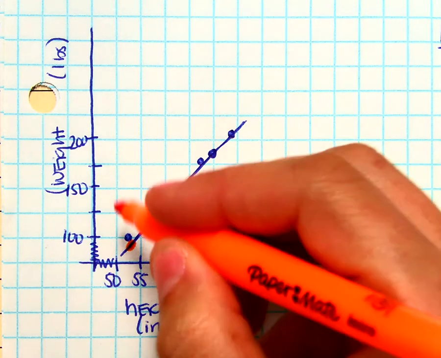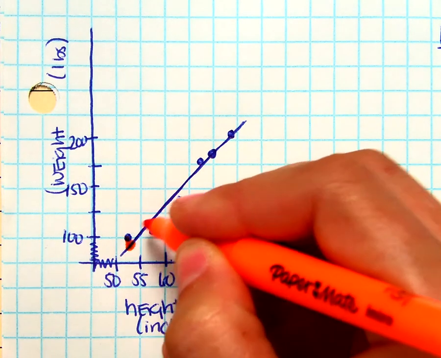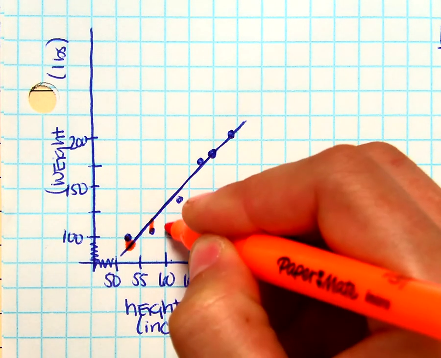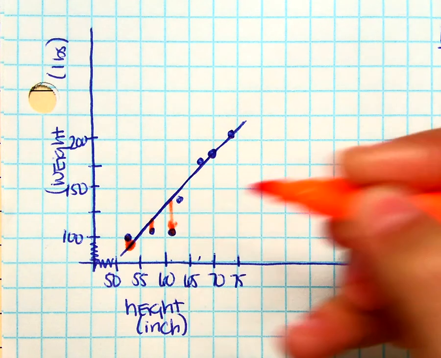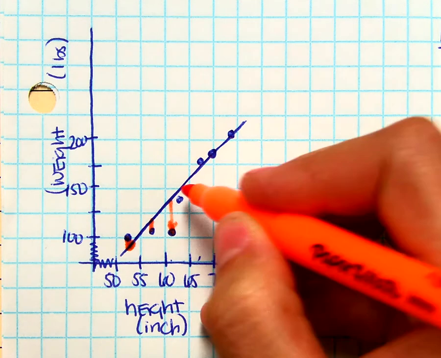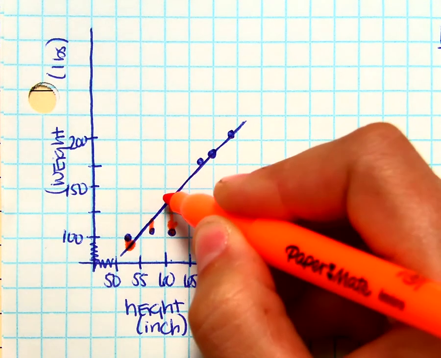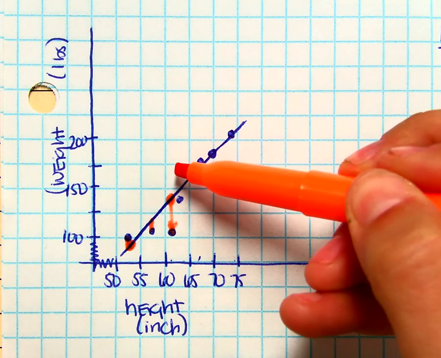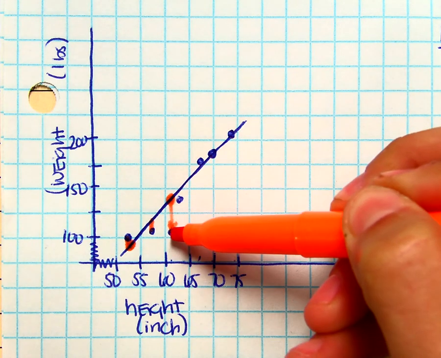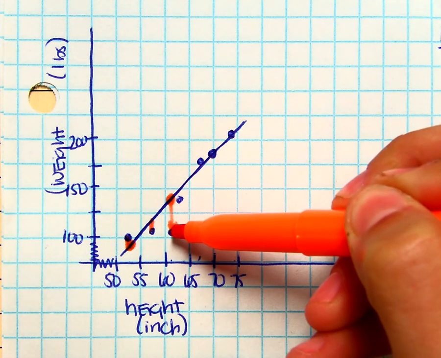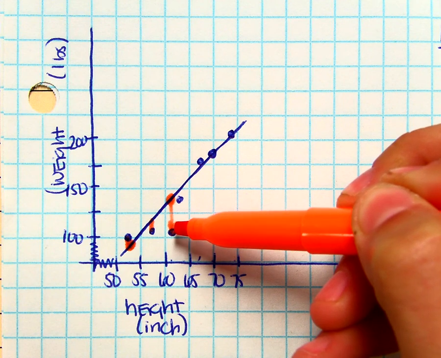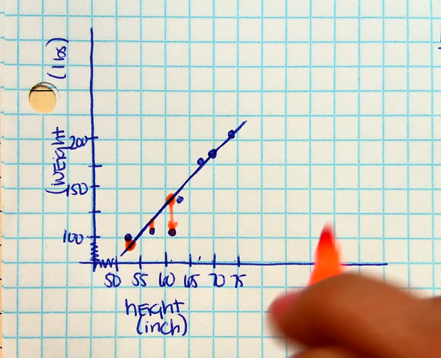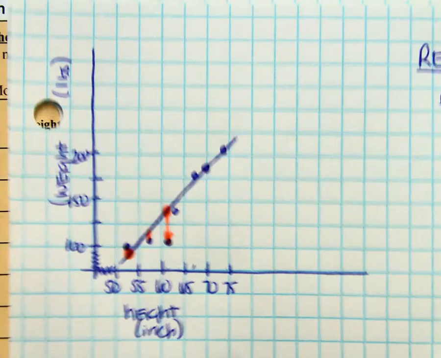And a residual is how far the data point is from our expected value. So if this is what we expect to get, how far from the expected value is the actual data point? How far off is it, so to speak, from what we expected to get? Okay, so let's do a little bit of math.